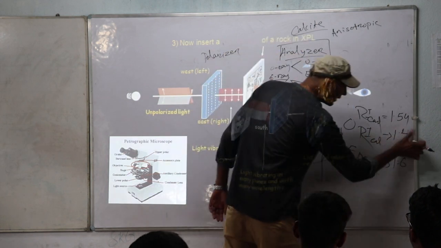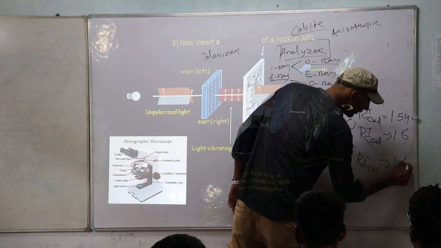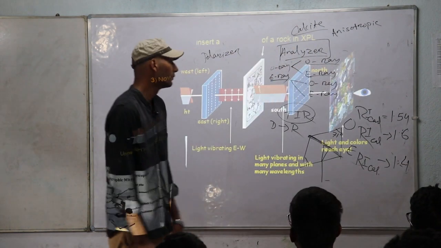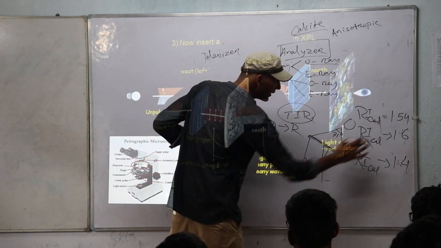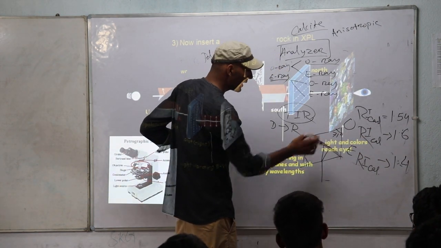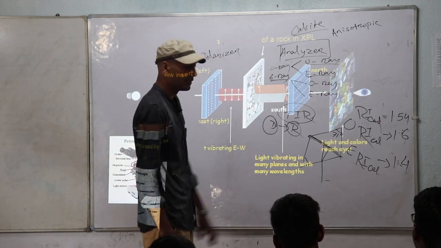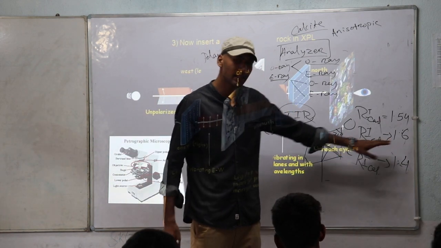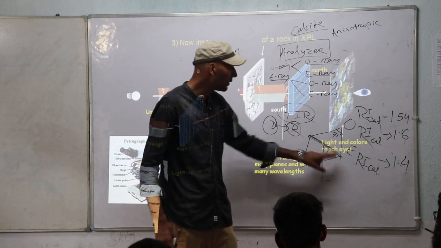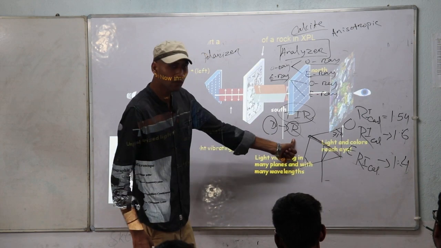So ordinary should have 1.6 and extraordinary should have 1.4. The Canada balsam has 1.5. When the ordinary ray enters from calcite to Canada balsam, it passes from denser to rarer medium, because in calcite its refractive index is 1.6 and in Canada balsam it is 1.5.